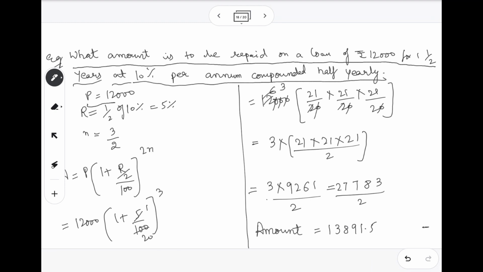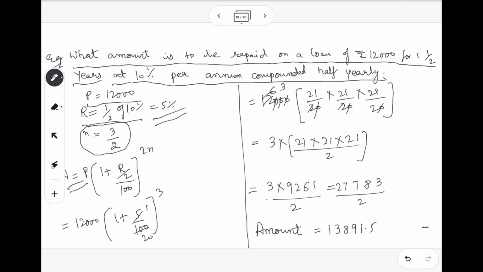So principal is given as 12,000 and rate would become half as it's half yearly. So half of 5% would be 2.5%, and n would become 3 by 2 as it's 1.5 years.